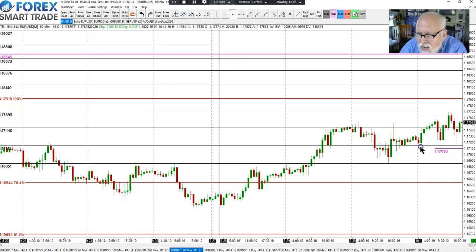If you notice, today it hasn't traded down here at all. And from half of yesterday, it hasn't traded down here. So I'm going to go at 1.17098 for my stop loss.